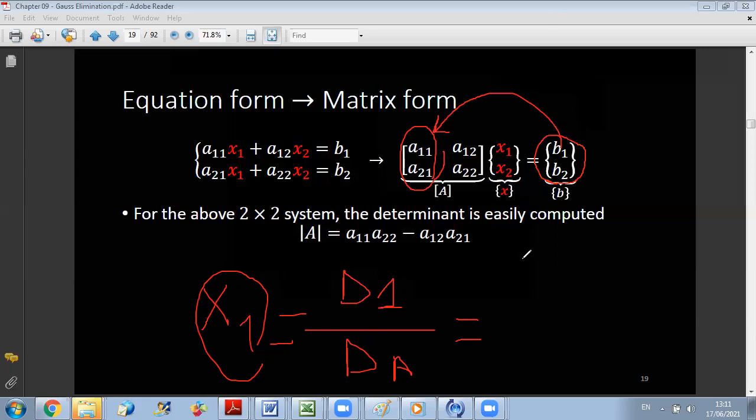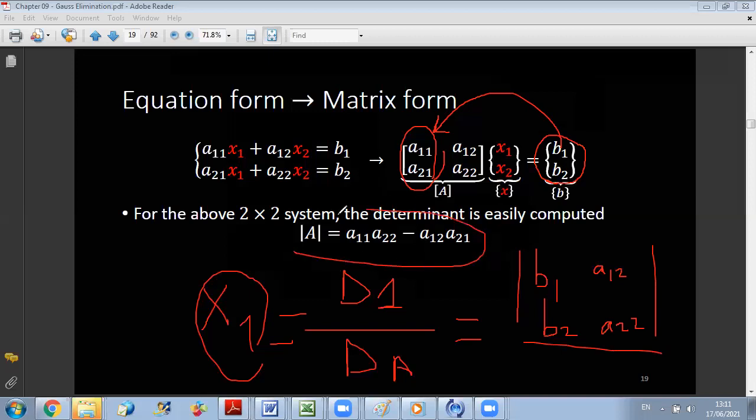So if I put b1, b2 instead of these coefficients, I obtain a new matrix, and I keep the second column as it is. If I get the determinant of this matrix and divide it by the determinant of matrix A, I get x1.